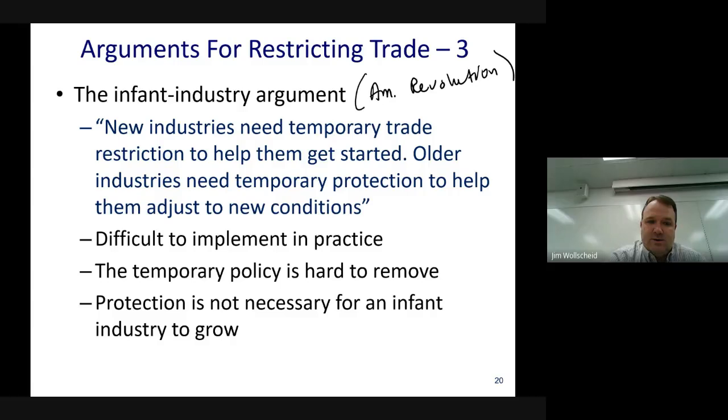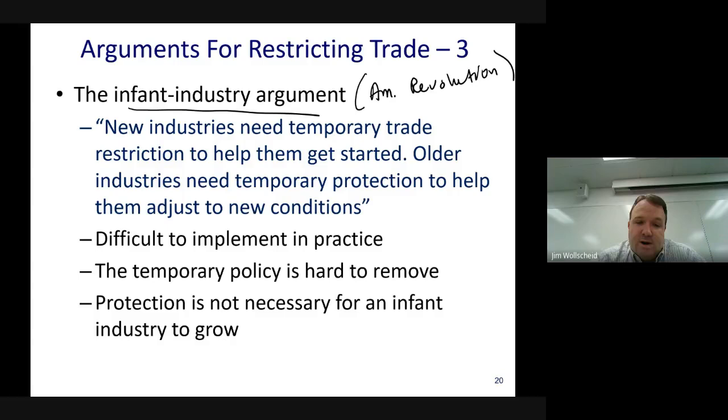What we argued in the United States at the time is that we needed trade restrictions to help these industries in the north. And when we did that, it restricted exports of our goods in the south. And so what we had is this discussion in American history over really the infant industry argument.